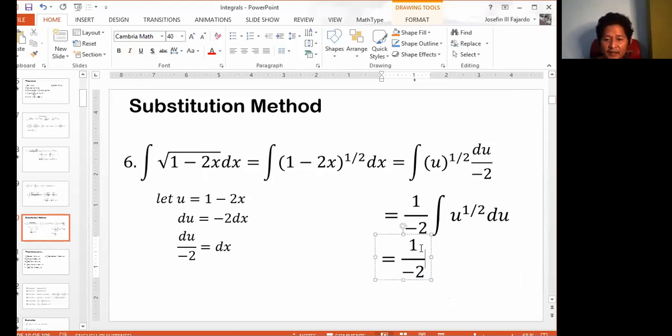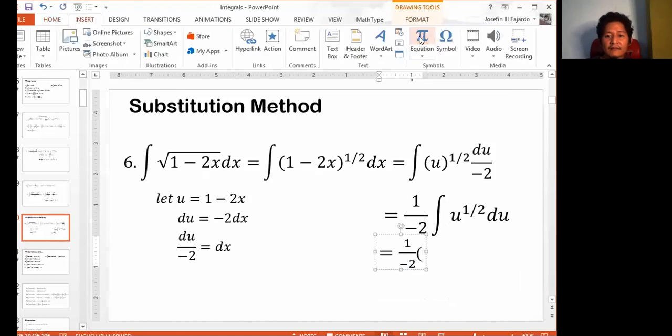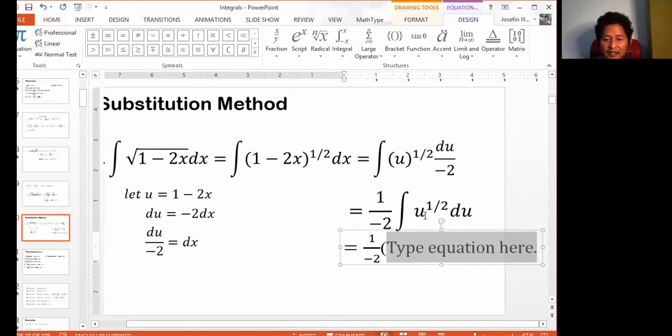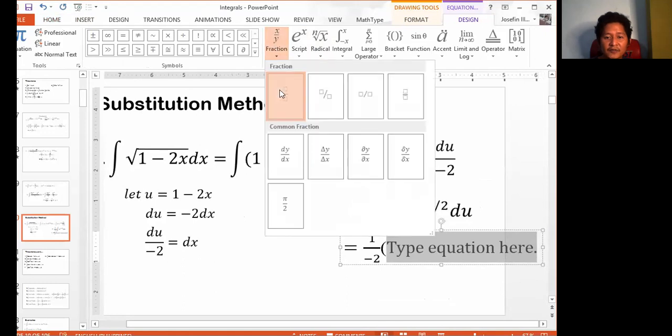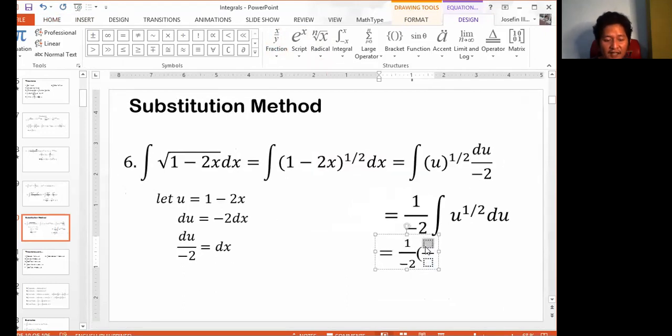So, negative 1 half. Ano yung integral ng u to the n? So, maglagay tayo ng fraction dito. It will be u to the n, which is yung u to the 1 half natin. So, ang n natin dito ay 1 half. So, 1 half plus 1, this becomes 3 halves.